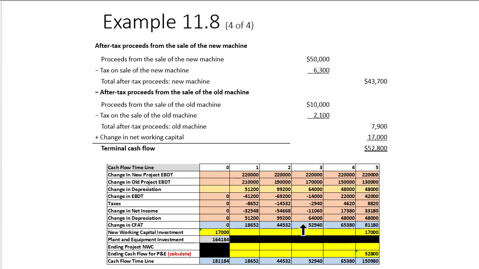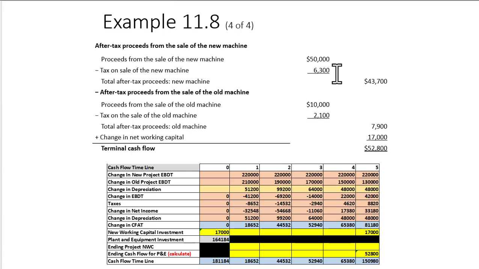So how does this all work? Well, we have to include some formulas. So what were the proceeds from the sale of the new asset? Well, $50,000 is what we received, but we have to calculate the tax.